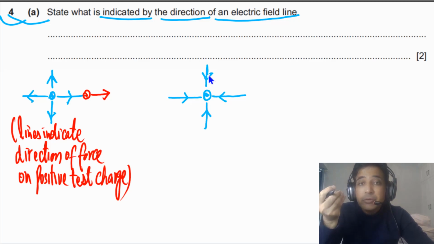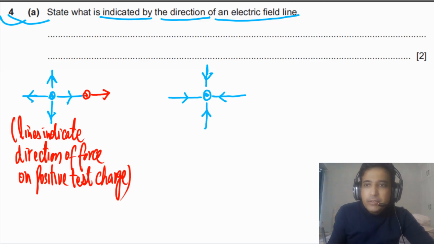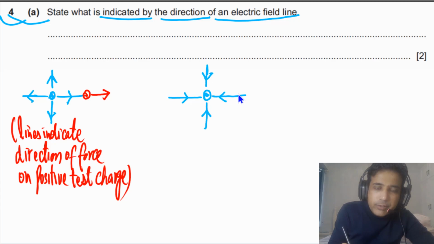Now in this case also, imagine that we place a positive test charge at this point. The force on this positive charge will be towards the negative charge. So this is a test charge, meaning it is positive, and the force on it will be towards the negative point charge.